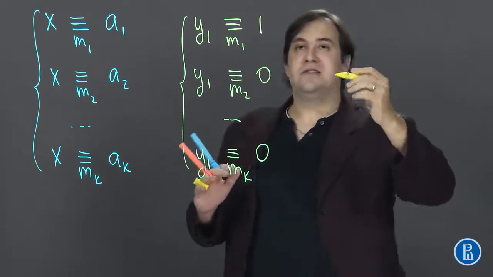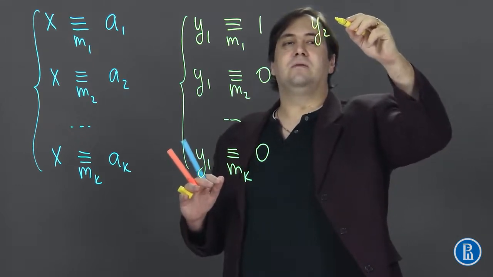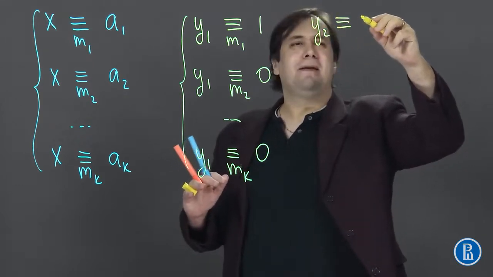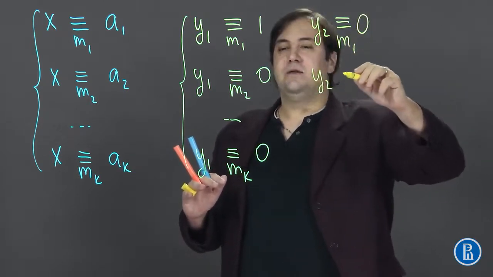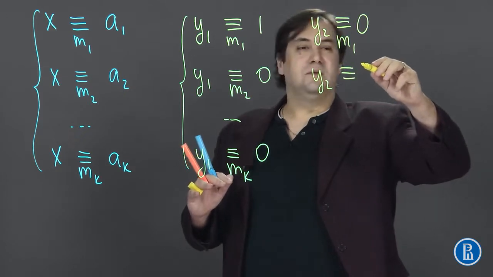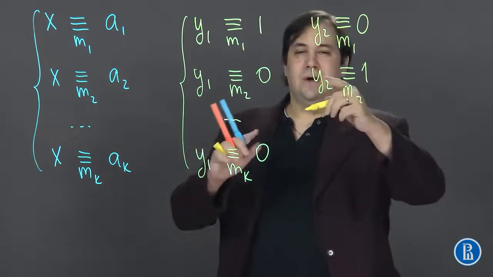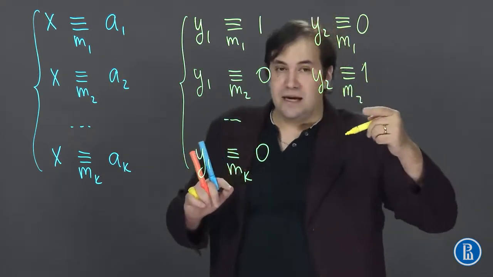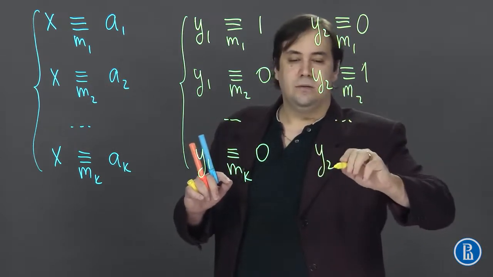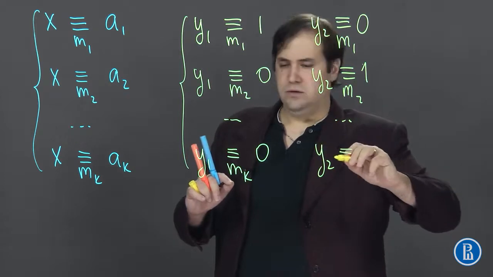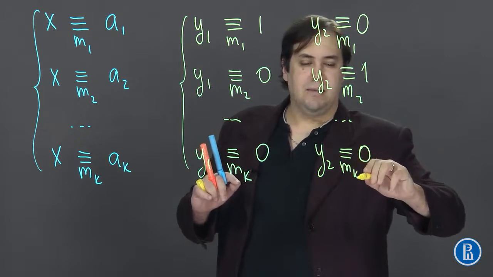And also we can consider a system of congruences where y2 is congruent to 0 modulo m1, and y2 is congruent to 1 modulo m2, and y2 is congruent to 0 modulo m3 and so on, and finally y2 is congruent to 0 modulo mk.